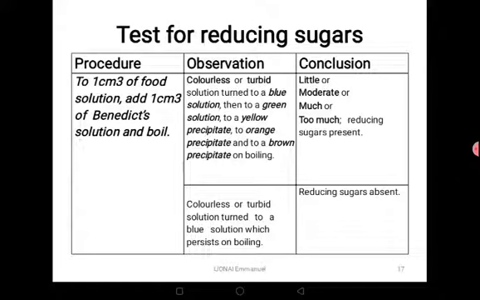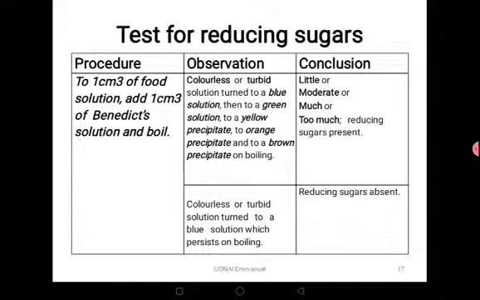Then what would you expect when you do that? Depending on what they have given you, it can be a colorless solution, it can be a turbid solution, whatever, it will turn blue. Of course, you said Benedict solution is blue, so when you add Benedict solution to that food solution, the color of Benedict will be seen, so it will turn blue.